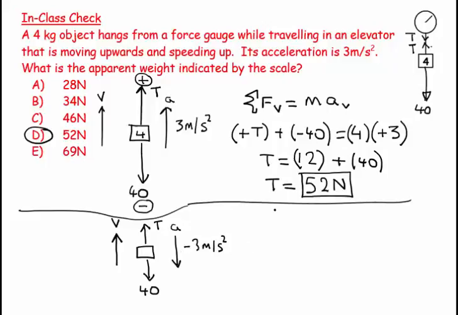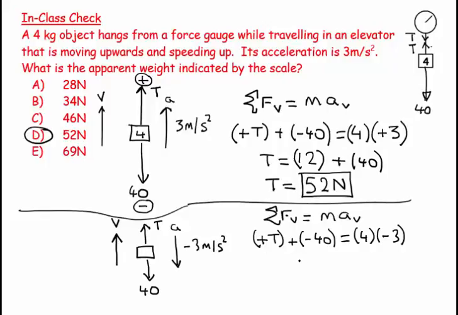So then it's still the same rule. The sum of the forces vertically is equal to the mass times the vertical acceleration. And in this case, I would say plus T added to minus 40, it's still pointing downwards, is equal to 4 times, but in this case it would be minus 3.